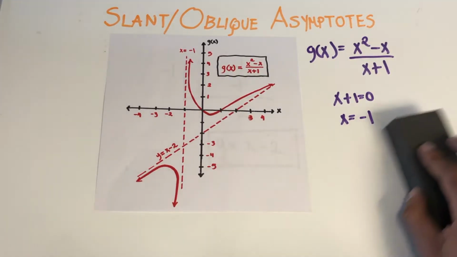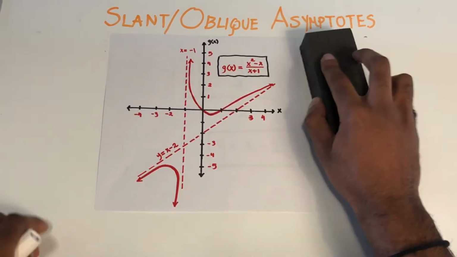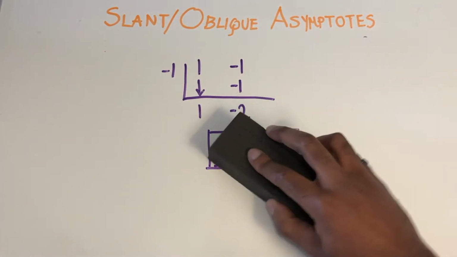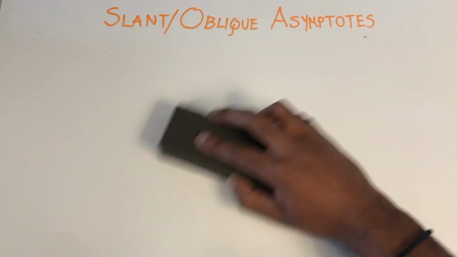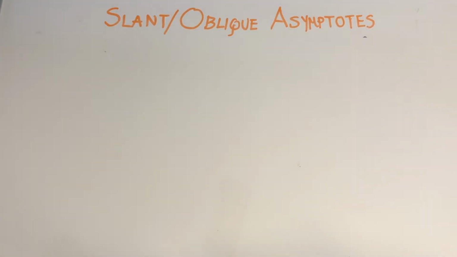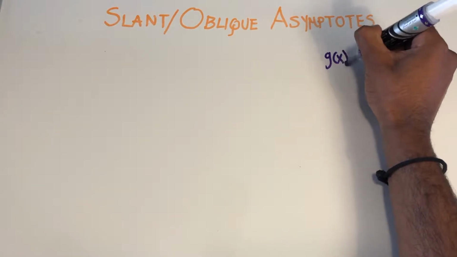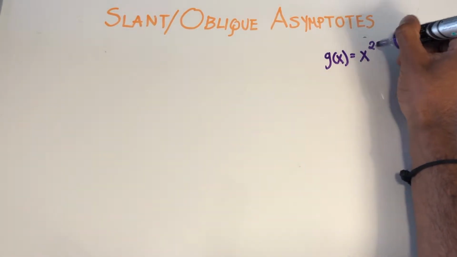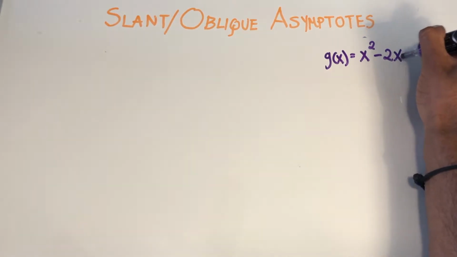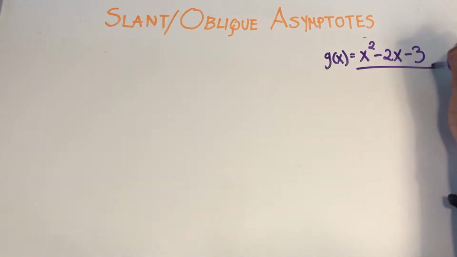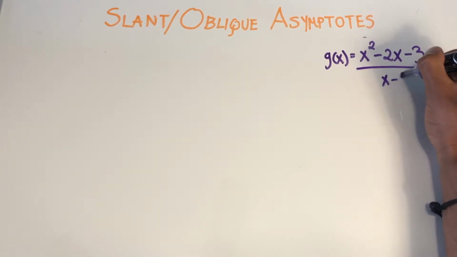Let's look at another example. We have the function g of x is equal to x squared minus 2x minus 3 over x minus 2.